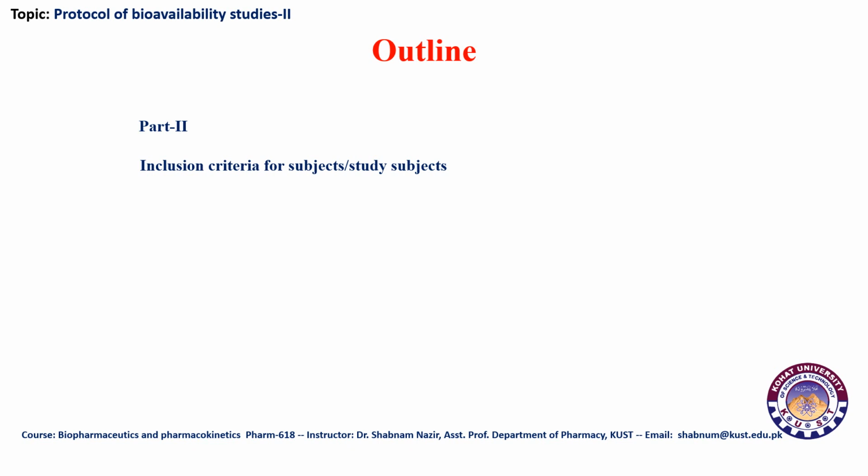Firstly, we will get to know about the study subjects and the inclusion criteria for these subjects, then clinical procedures, or what you also call clinical trial, and the various basic requirements and infrastructure for conducting these procedures, sampling or washout period, then test and reference products.